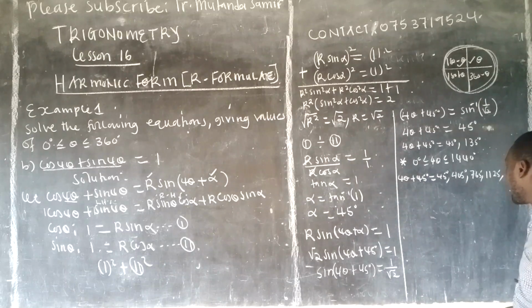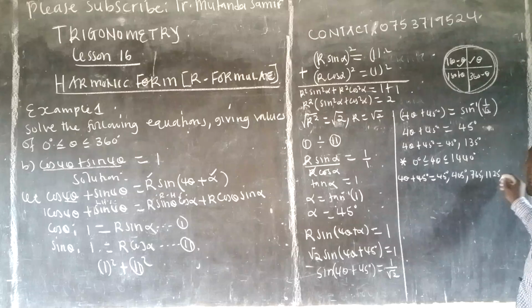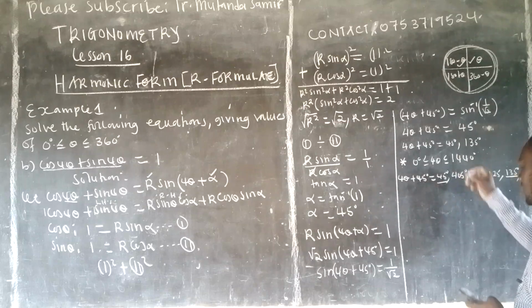Which other one can I handle? It is this one here. So, comma, I'm bringing on this one, 135, and now we accumulate this one also.